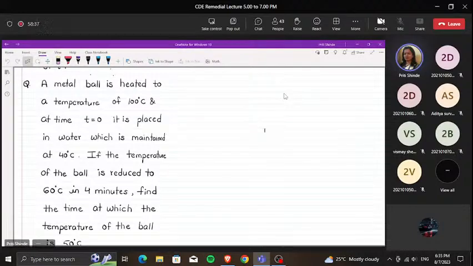If the temperature of the ball is reduced to 60 degrees Celsius in 4 minutes, find the time at which the temperature of the ball is 50 degrees Celsius. First carefully write down your problem statement. I am giving you 1 minute.